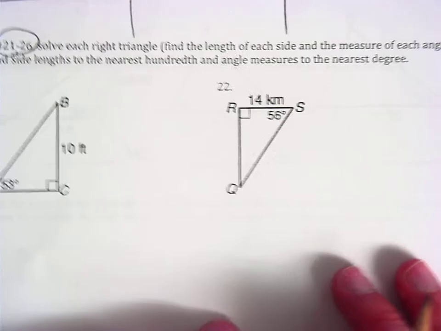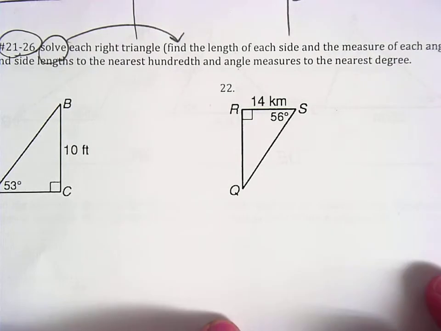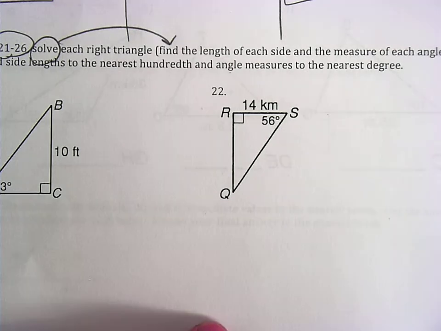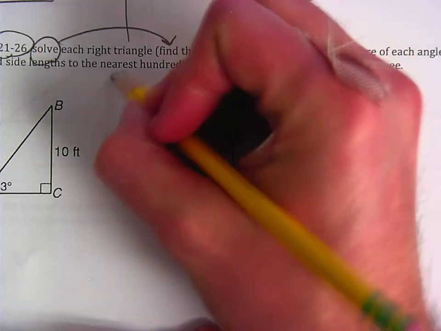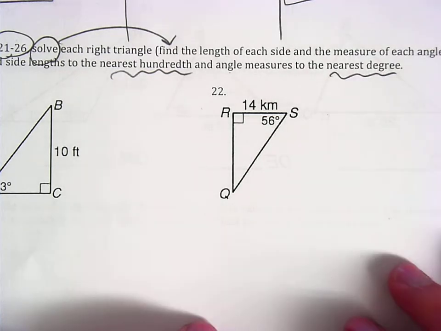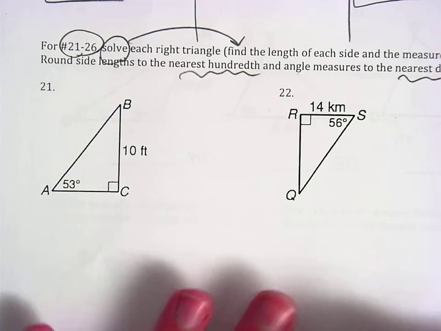And they actually remind us what that means too, which is really nice of them. To solve these right triangles just means to find the length of each side and the measure of each angle. They want us to round to the nearest hundredth for side lengths, nearest degree for angles. So let's look at number 21.